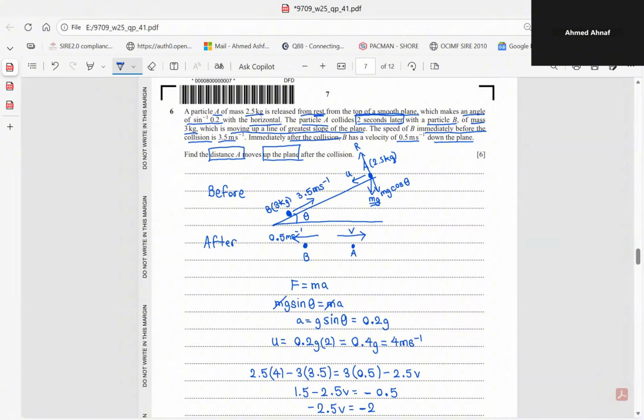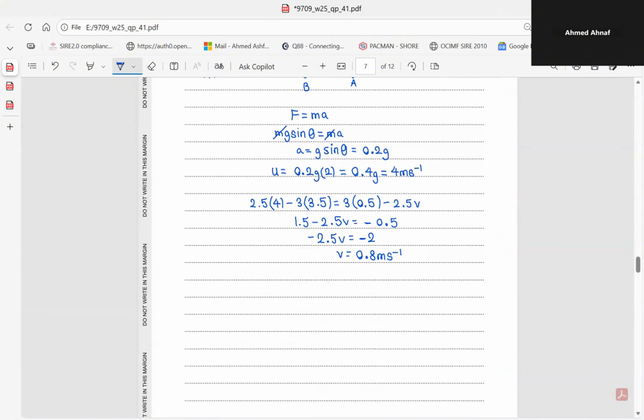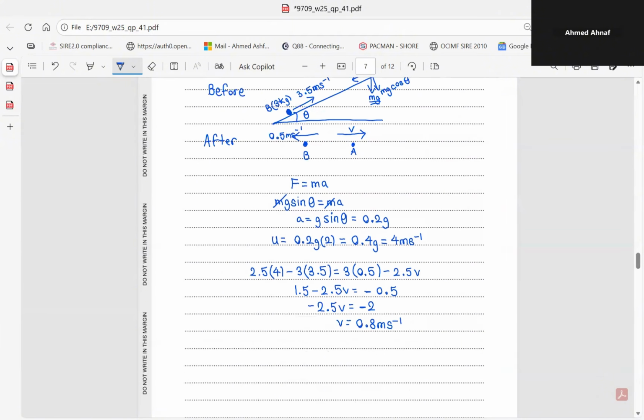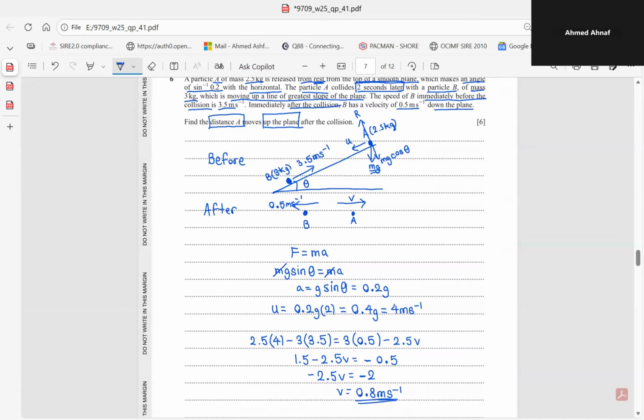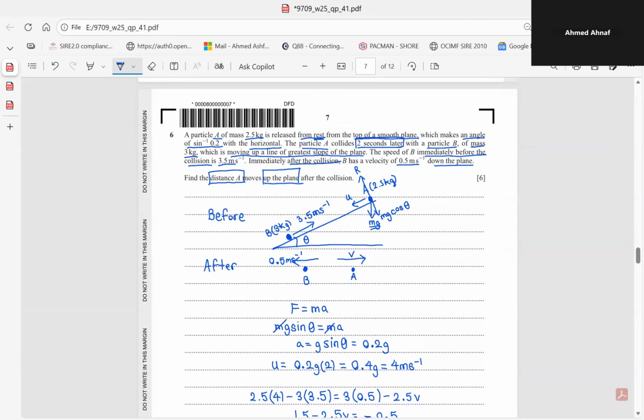To find that, we know the initial speed, as well as the final speed. If you visualize it, right after the collision, A would just move up the plane and then it'll start to go down. So we just want to calculate the distance it moves up the plane.